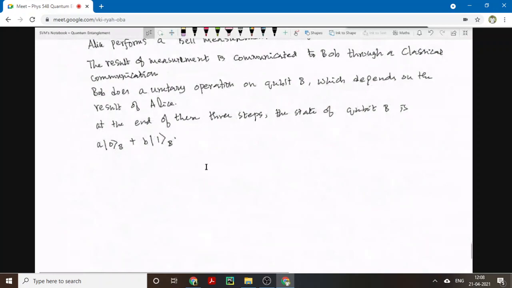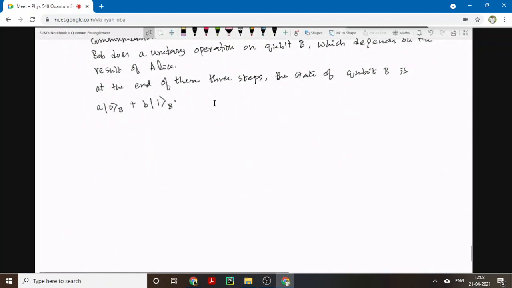Now, it is realized like this. We have a total of 3 qubits, C, B, A. So the state of CAB is given by, let's call this psi CAB, which is equal to A0C plus B1C.